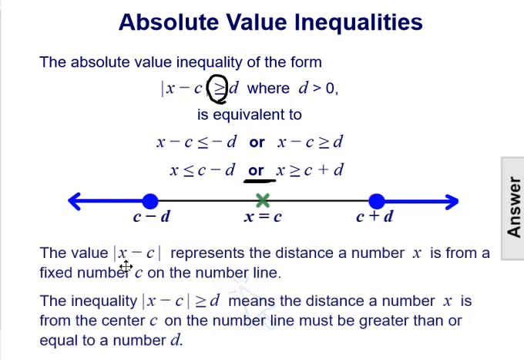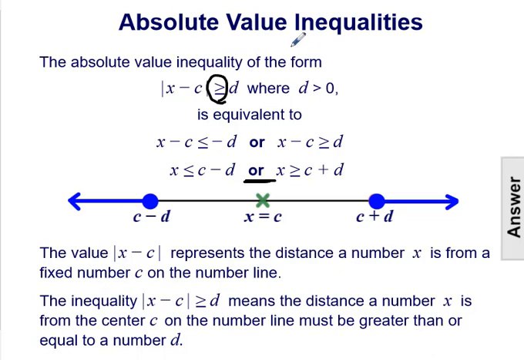So the absolute value of x minus c represents the distance a number x is from a fixed number c, so it's a center now, again, no longer just the origin, on the number line. The inequality, the absolute value of x minus c is greater than or equal to d, means the distance a number x is from the center c on the number line must be greater than or equal to a number d.